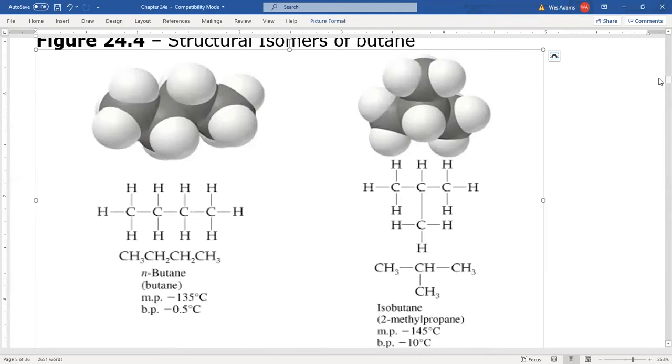Now, we can take one of the CH3 groups off, which we'll call a methyl, and put it on this middle carbon. And so that's isobutane or 2-methyl propane. But more importantly for this particular video, it is a different structure of a molecule that has the same formula as butane. And you notice the melting point and the boiling point, for example, are different.